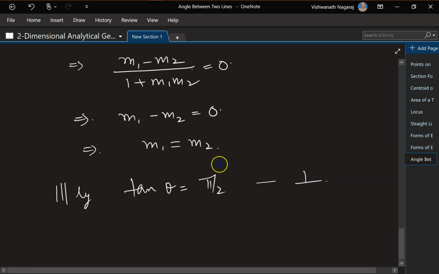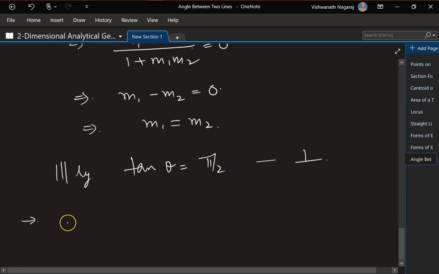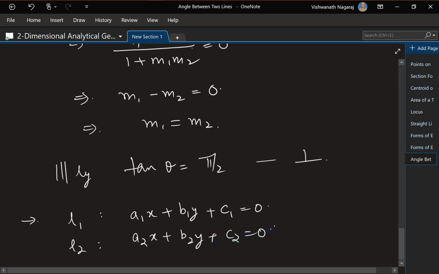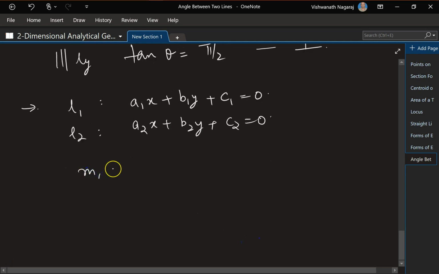Let's look at this from another angle. Let's say you have two lines. L1 is A1x plus B1y plus C1 equal to 0. L2 is A2x plus B2y plus C2 equal to 0. The slope of the first line would be equal to minus A by B, remember?